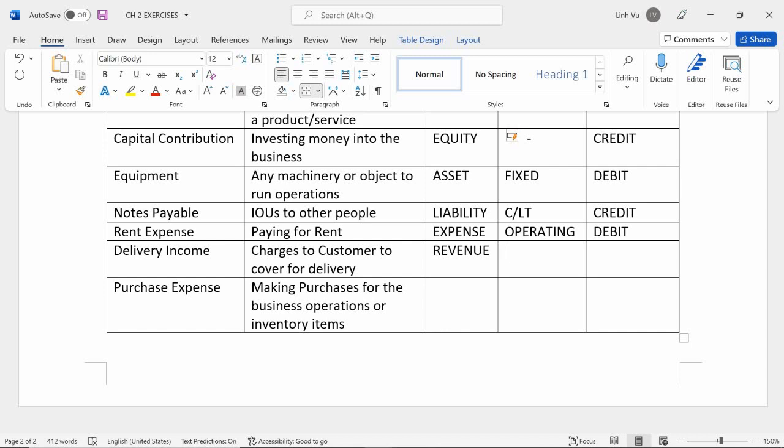COGS. No, that is an expense. Operating. In this case, no, because are you in the business of delivering stuff to customers? No. So what would that be instead? Other. It'd be other income. Okay. Good. All right. So now, how do you increase revenues?